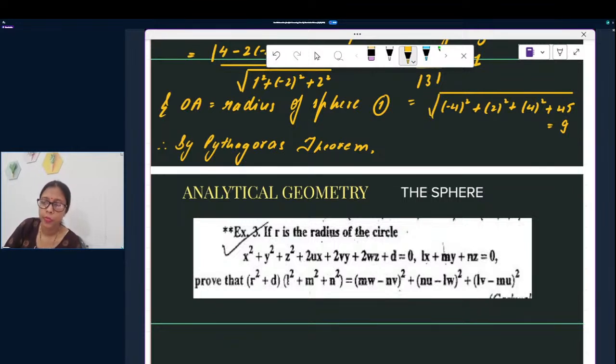By Pythagoras theorem, CA, which is actually the required radius of the circle, is going to be 4 root 5. So beta, this is your answer.